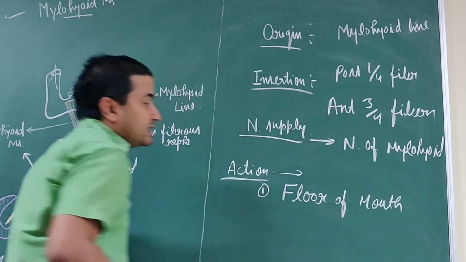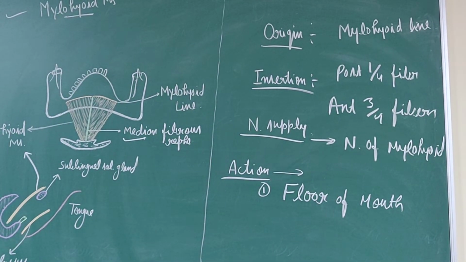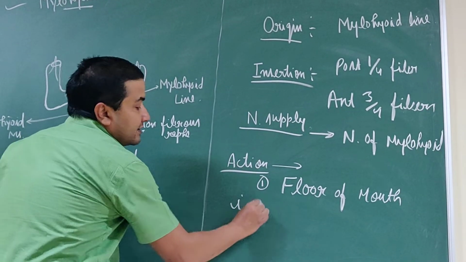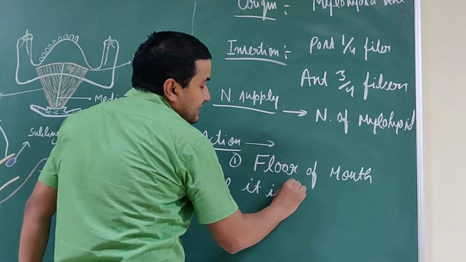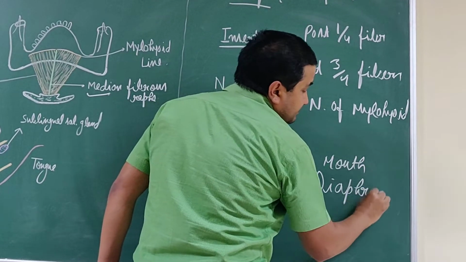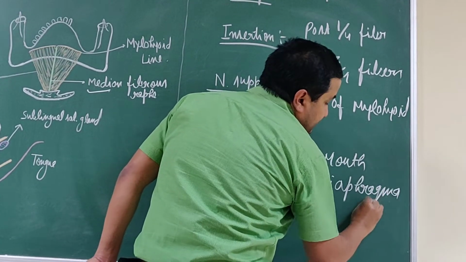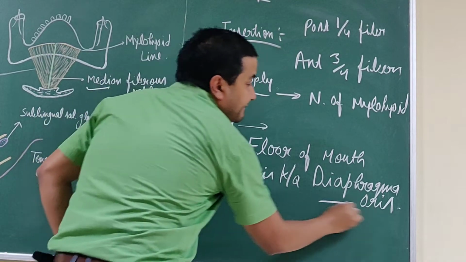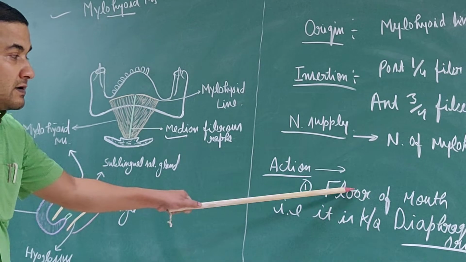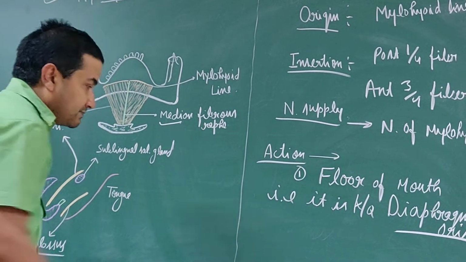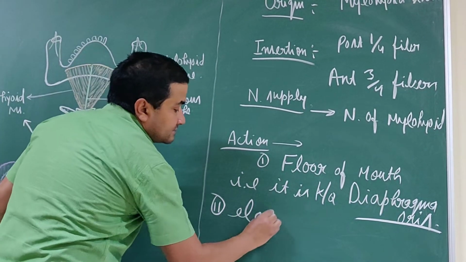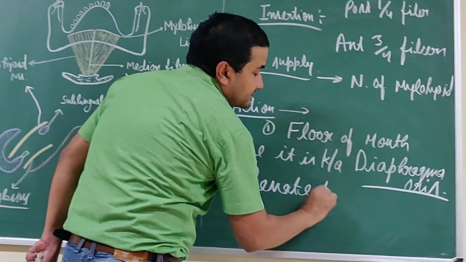The floor of the mouth is formed by the mylohyoid muscles, on which the tongue rests, and that is why it is also known as the diaphragma oris. This muscle elevates the floor of the mouth.